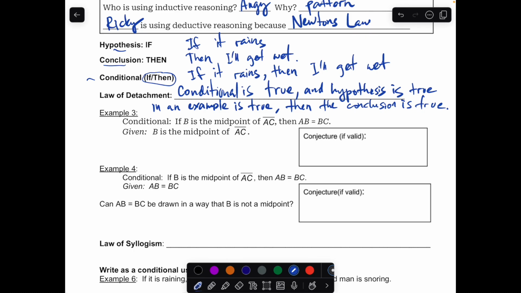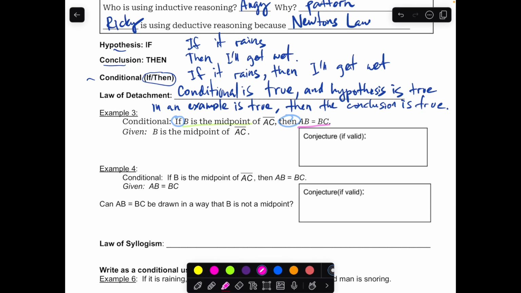Okay, so let's go into these examples. I have a conditional. Here's my if statement, here's an if, here's a then. So if B is the midpoint of AC, then AB equals BC.